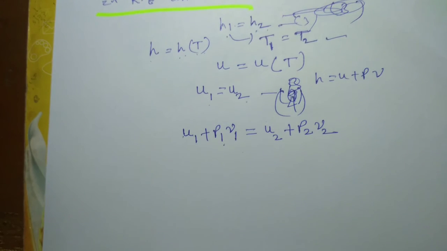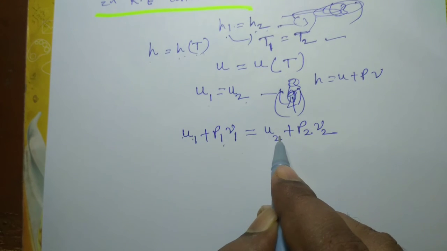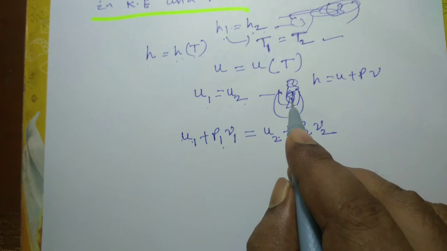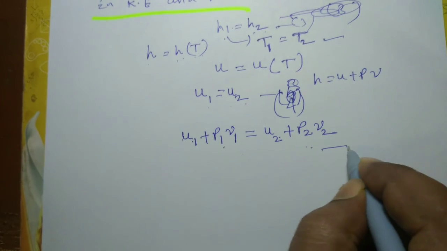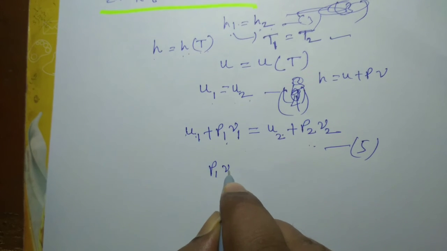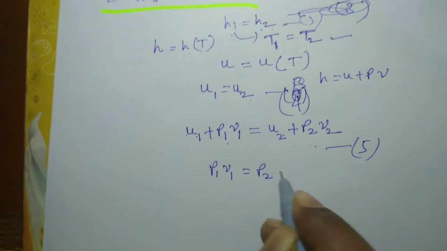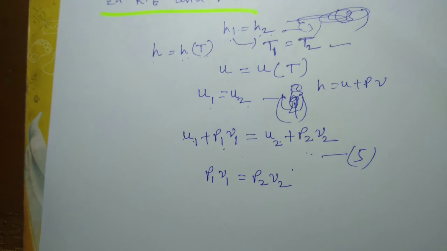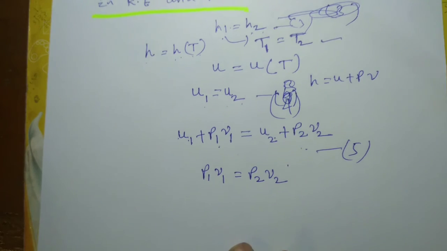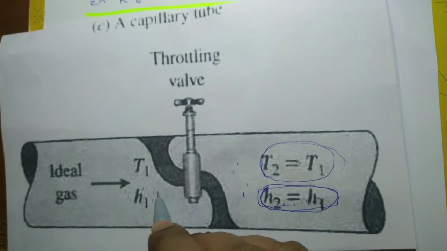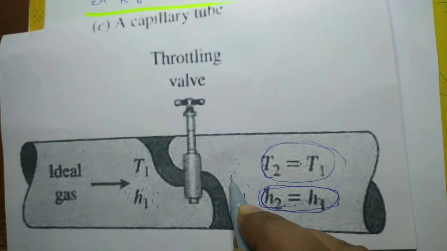Since U1 is equal to U2, substituting equation 4 in this, suppose this is 5, we will find P1 v1 is equal to P2 v2. This product of pressure and volume is flow work, so flow work at inlet is equal to flow work at outlet.